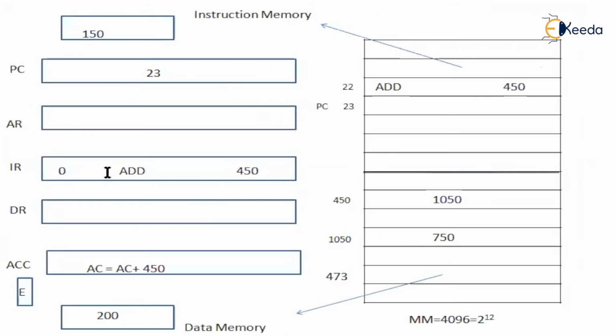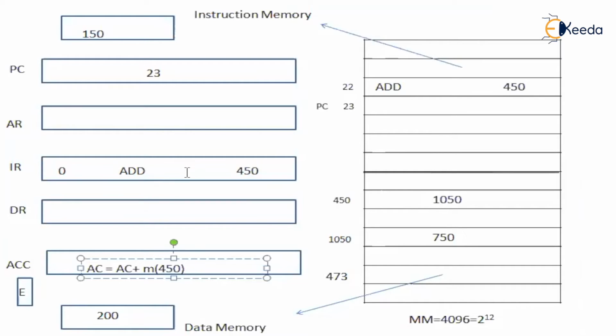Now here in the single accumulator organization, we do have only one operand, right? That is add 450. So accumulator is equal to accumulator plus M of 450, right? But when it comes to general register organization, the scenario will be different.